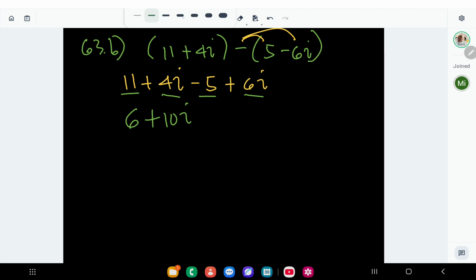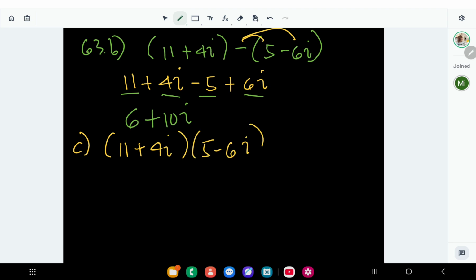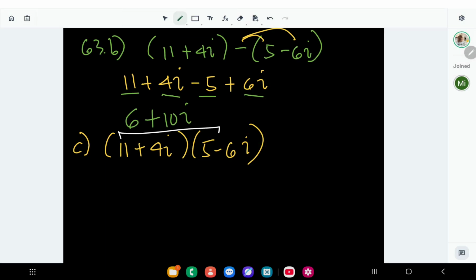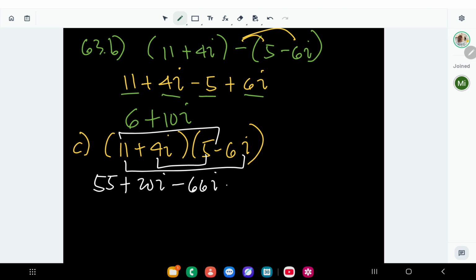And then for letter C, we use FOIL. We have 11 plus 4i times 5 minus 6i, and you just FOIL this. You distribute. 11 times 5 is 55. 4i times 5 is 20i. Then 11 times -6i is -66i. Minus 4 times 6i, 24i squared.